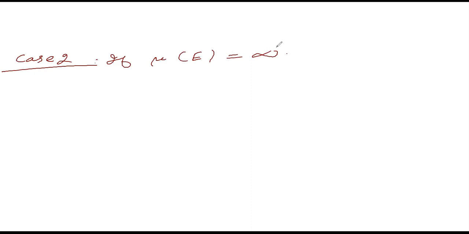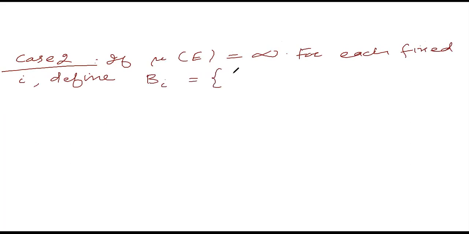In this case, we define, for each fixed i, B_i, which we call the ball with center at 0.